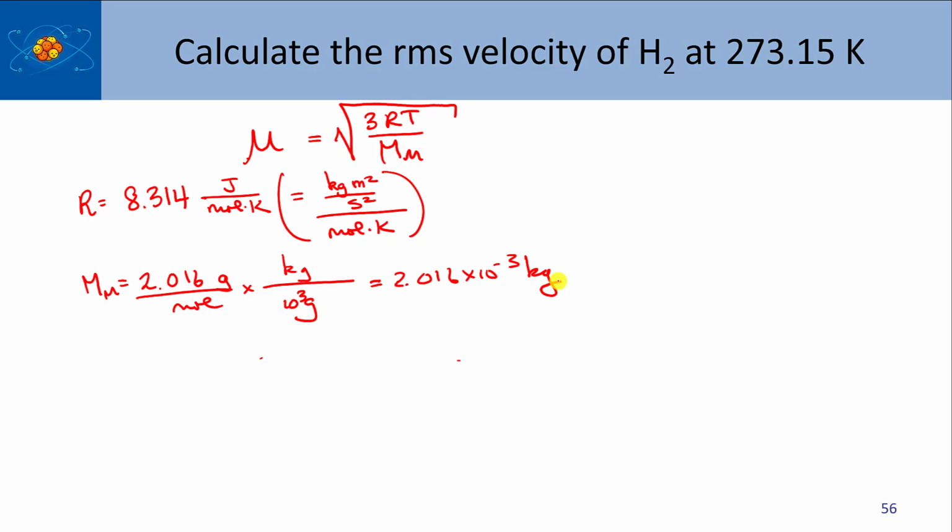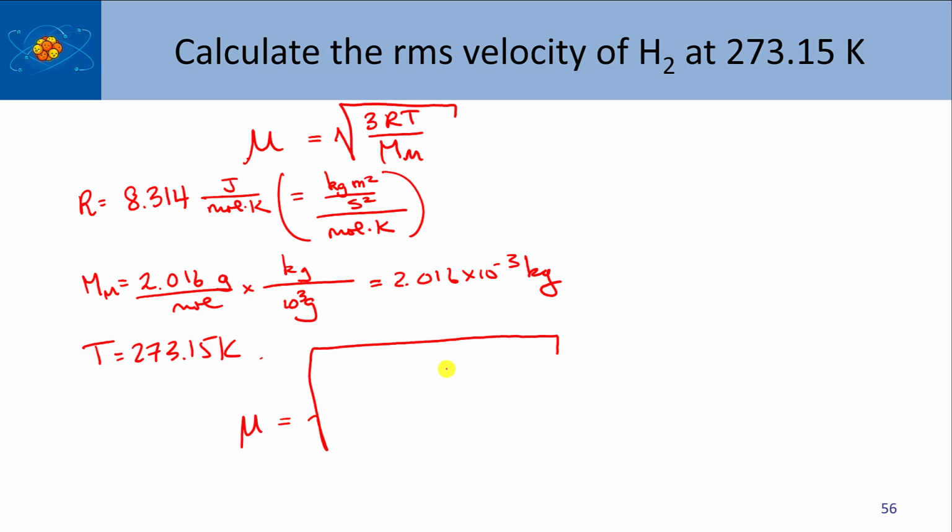Let's plug this information in. My temperature is 273.15 Kelvin. So my RMS, root mean square velocity for the gas, is going to be the square root, and I'm going to write all the units in. That's why I'm leaving all this space.